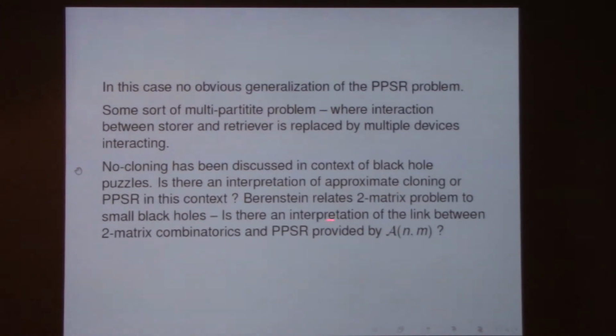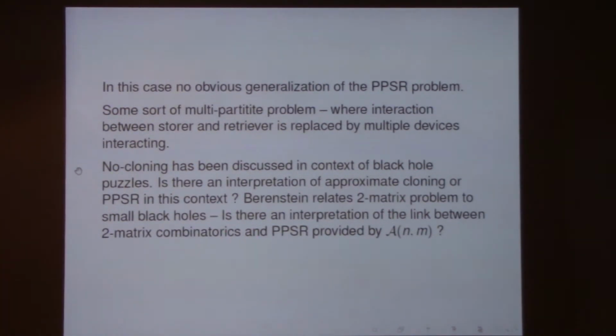And also, David Berenstein has related the two-matrix problem to some ideas about small black holes in AdS/CFT. And the question is, is there an interpretation in this setup of the link that we are finding between two-matrix combinatorics and this perfect probabilistic reconstruction, a link which is being provided by the algebra, which controls these correlators.